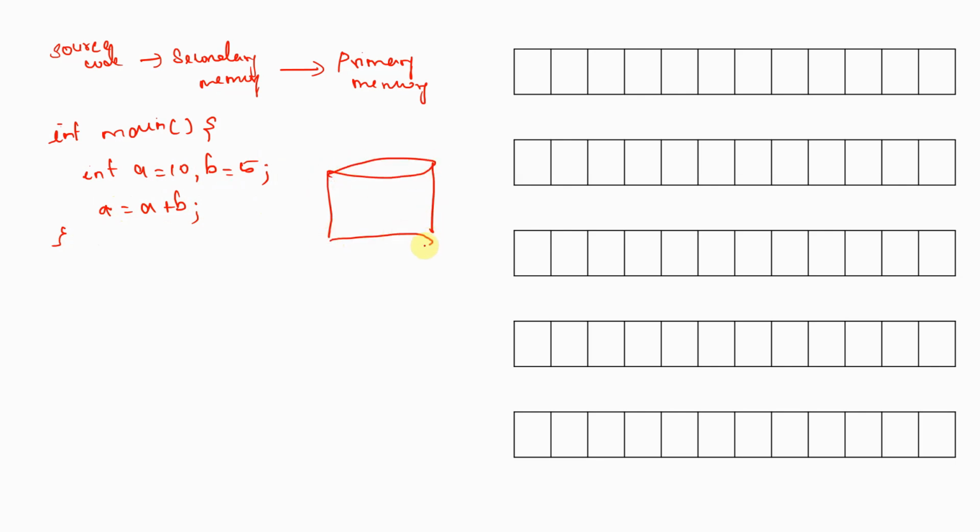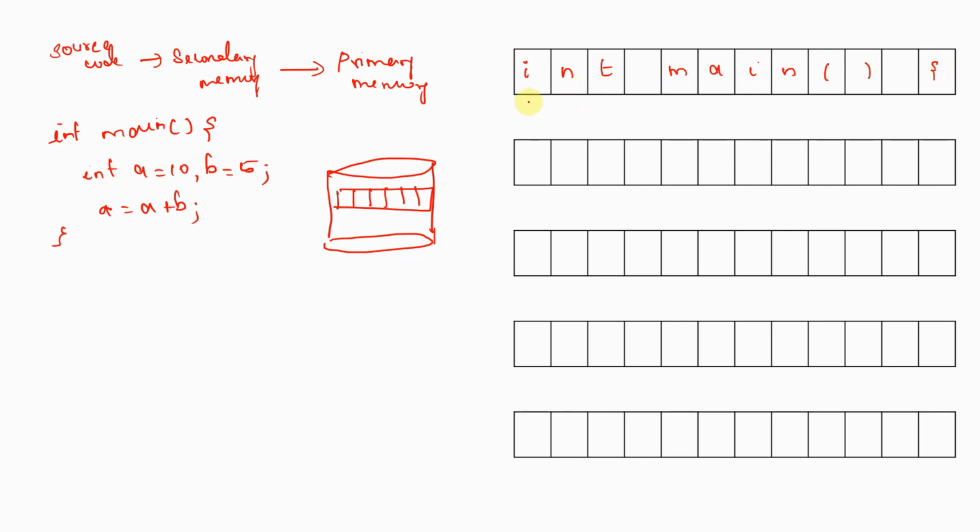The secondary memory generally holds a block of code, and the instructions of the source code get stored in the secondary memory in a block. So for example, I have here int main, and this gets stored in the memory.